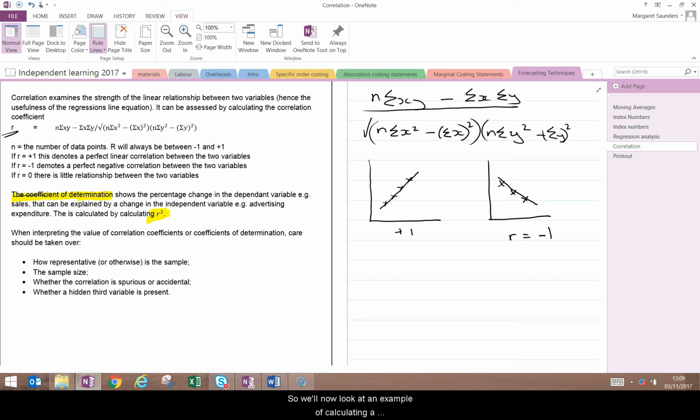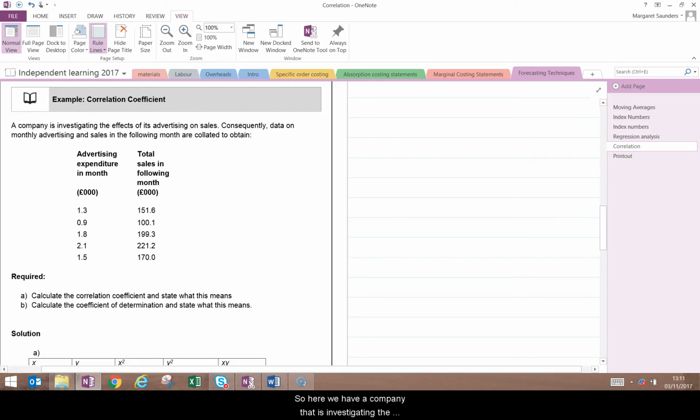So we'll now look at an example of calculating a value for r and for r squared. Here we have a company that is investigating the effects of its advertising on sales. So our sales will depend upon the advertising.